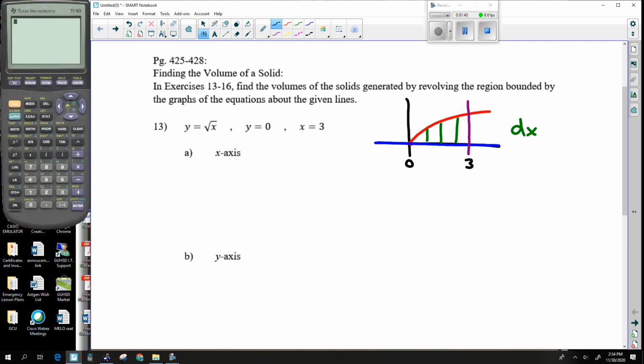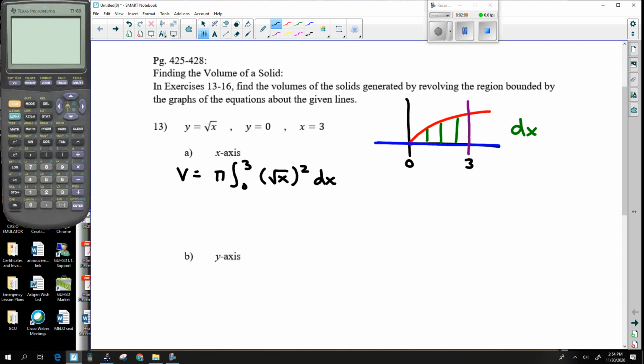All right, so here we go. We are going around the x-axis, so that's built for the dx. So we're going to do the pi r squared method. This volume is going to be pi, the integral from 0 to 3 of the radius, which is the square root of x, squared, dx.